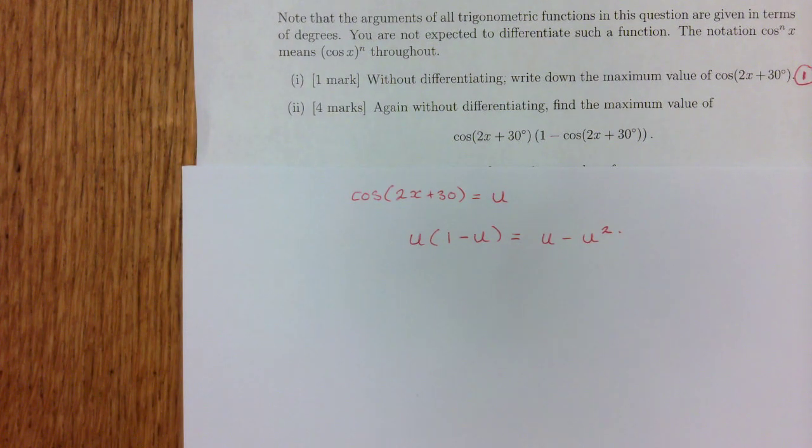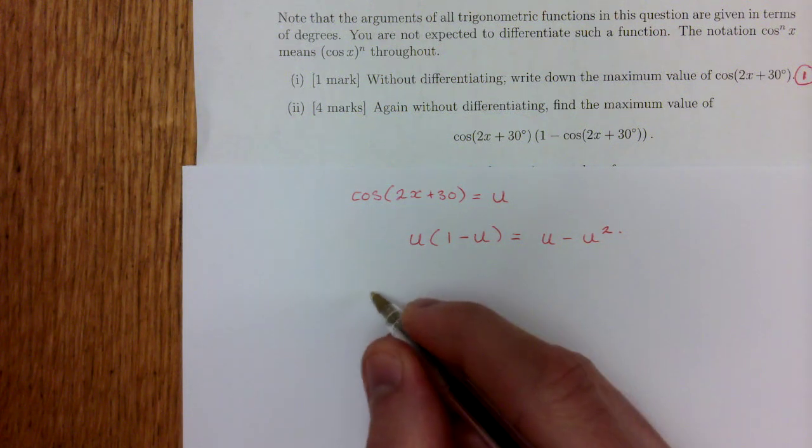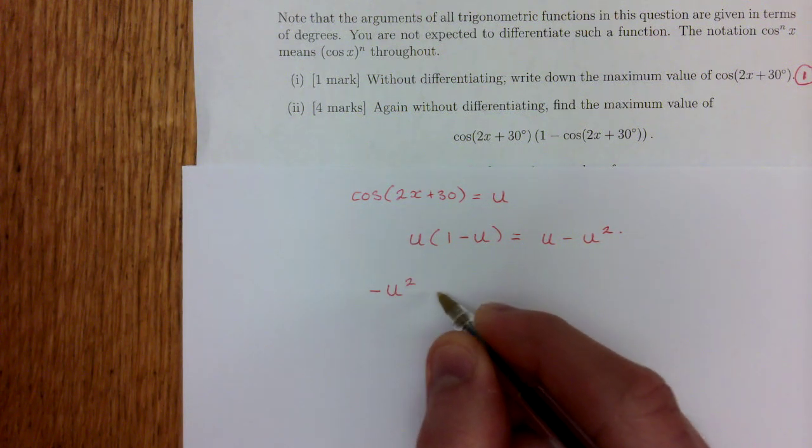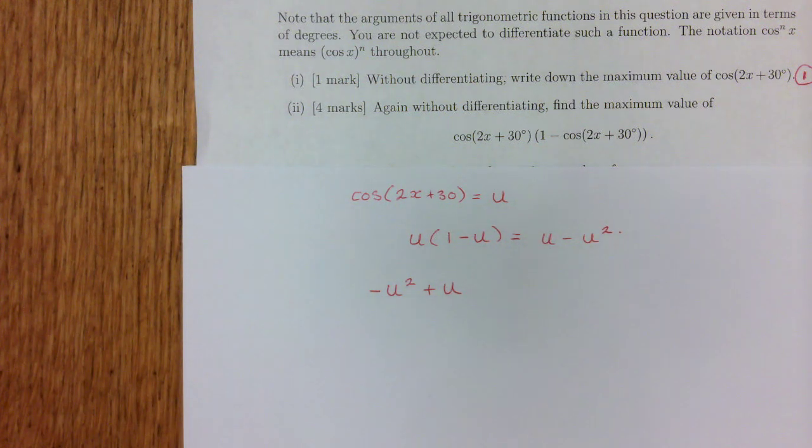Okay. Now, what I could do here is differentiate it and find the turning point, or better yet, if I've got negative u squared plus u, I could complete the square.